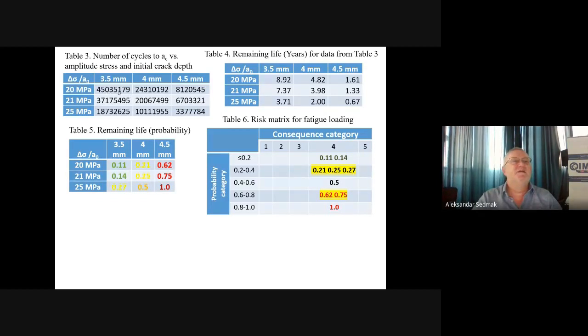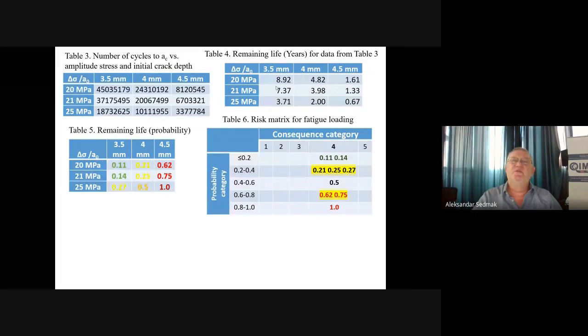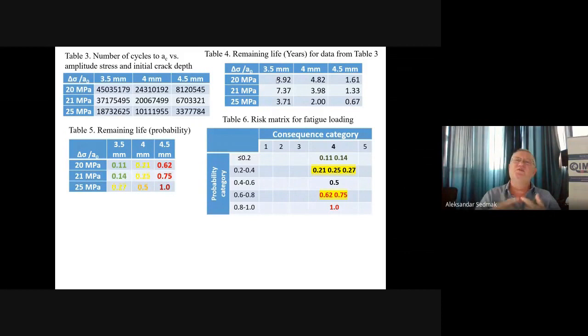It is in millions. And once we divide that number of cycles with number of cycles per year, we then get years to go. For example, the best case is with the initial crack 3.5 and the amplitude stress 20, then we have almost 9 years to go.